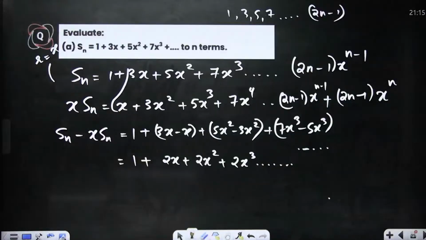What about the last term? Think about it. Right?